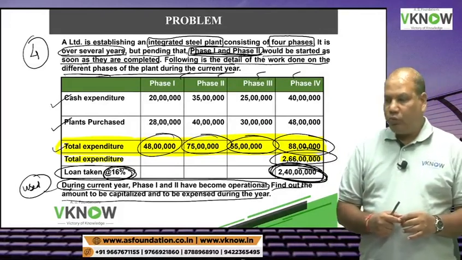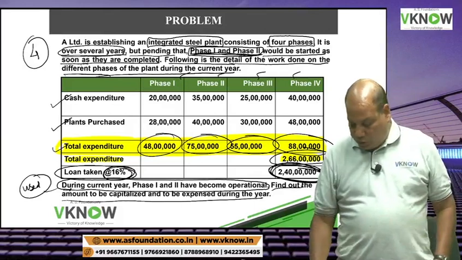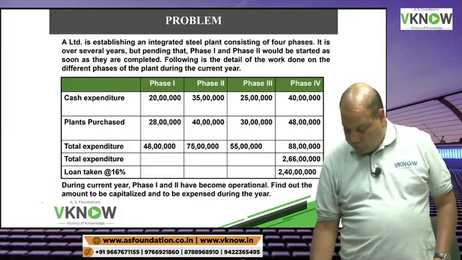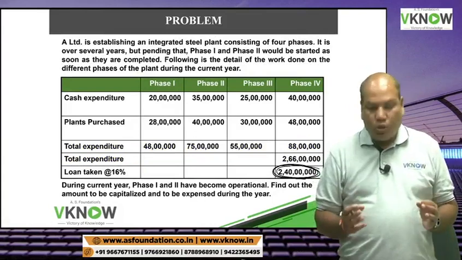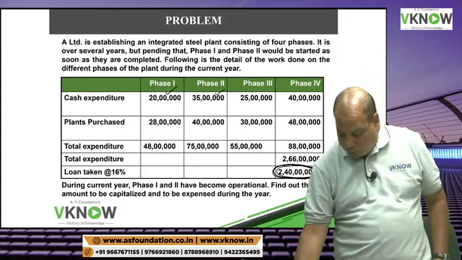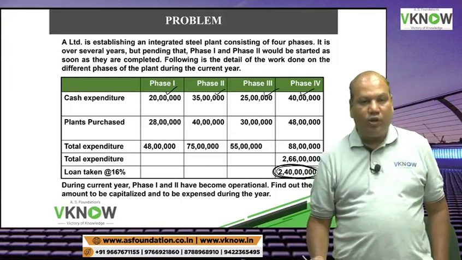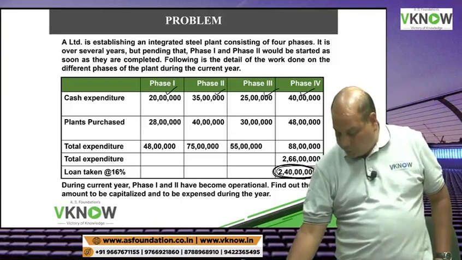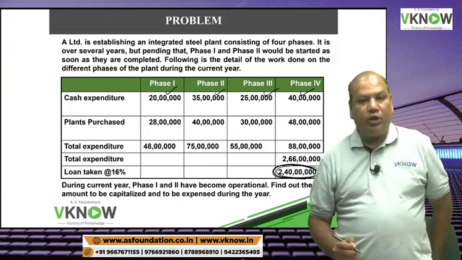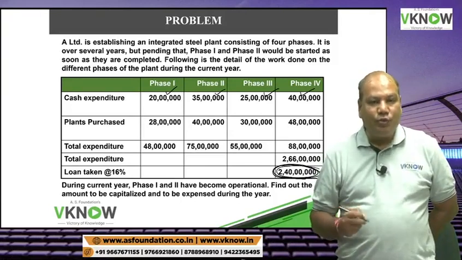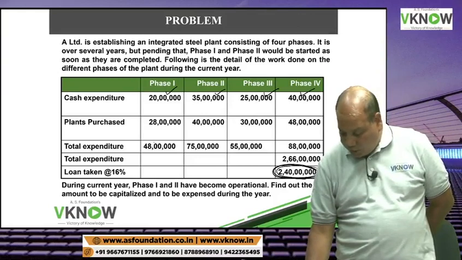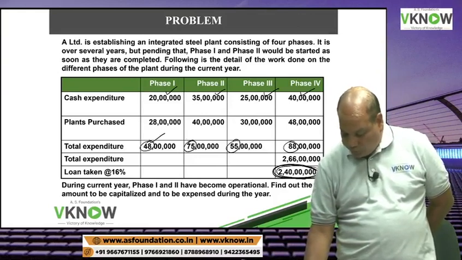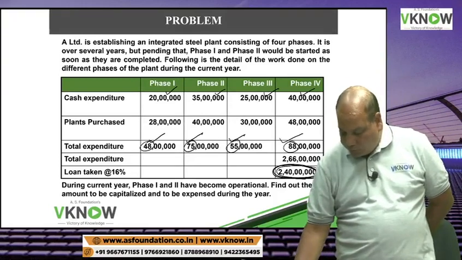So the question is not clear. Out of this 2 crore 40 lakh, how much was the loan taken for phase 1 or phase 2 or phase 3 or phase 4? The breakup is not given. So we will assume that this loan was taken proportionately in the ratio of the expenditure incurred.